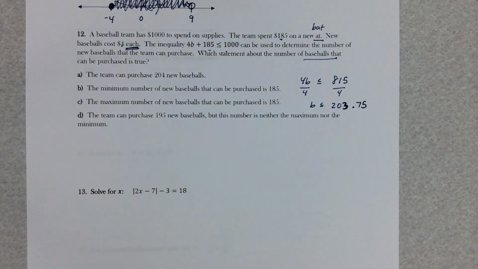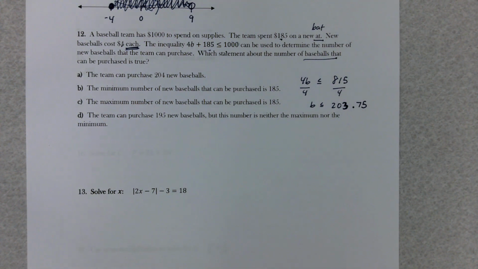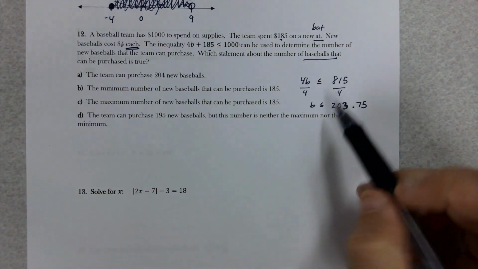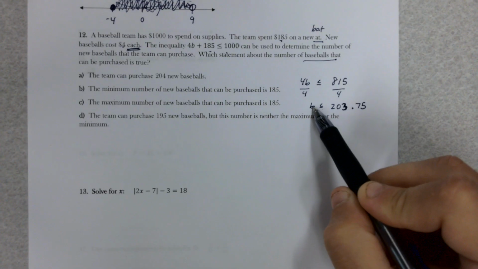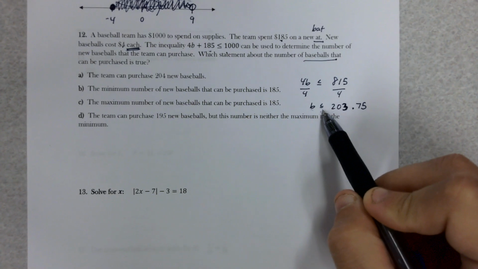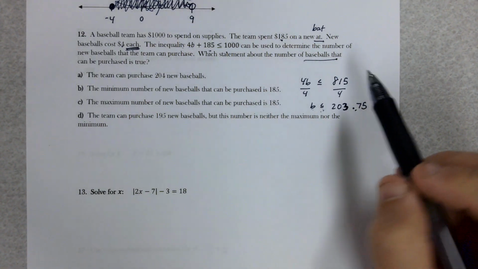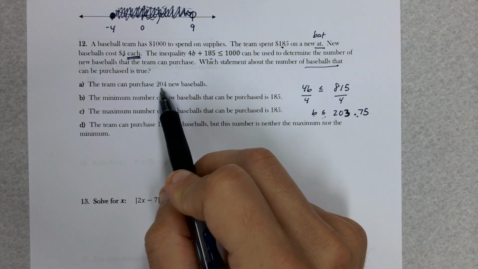So almost 204 baseballs. But not quite. I don't have the money, and the number of baseballs that I get has to be less than or equal to 203.75.